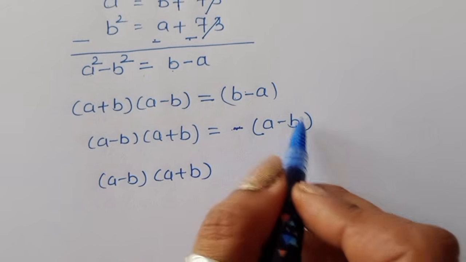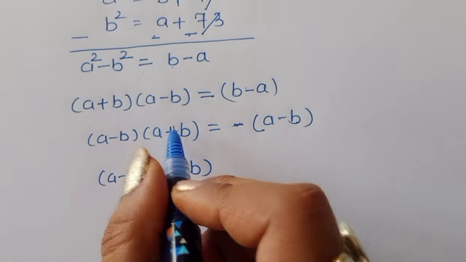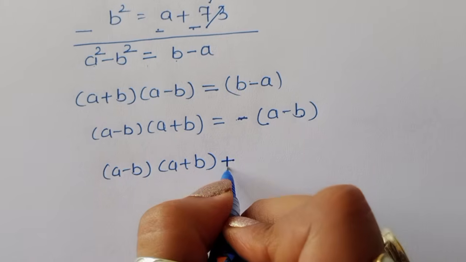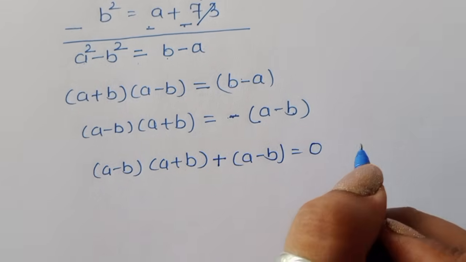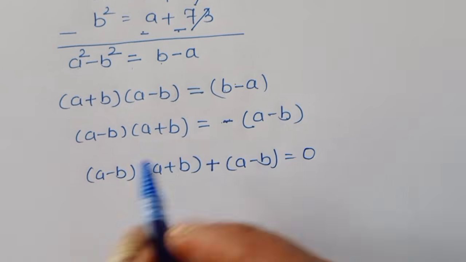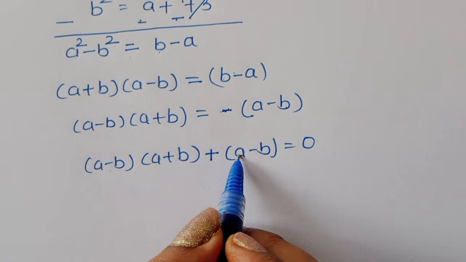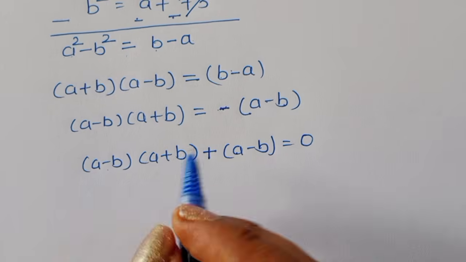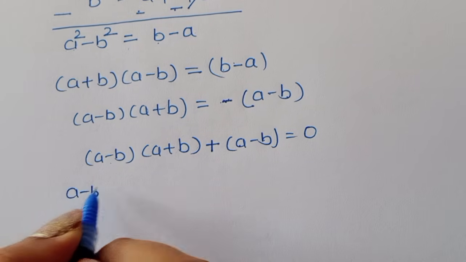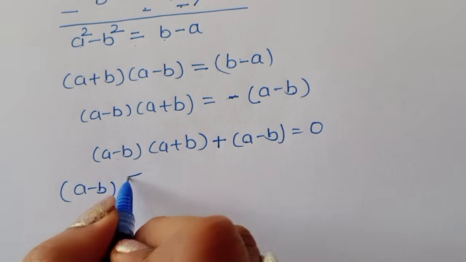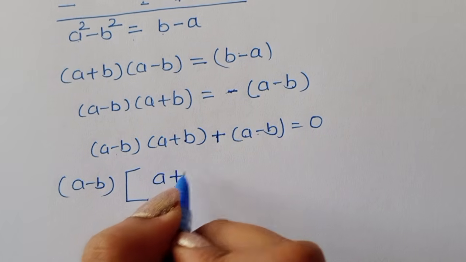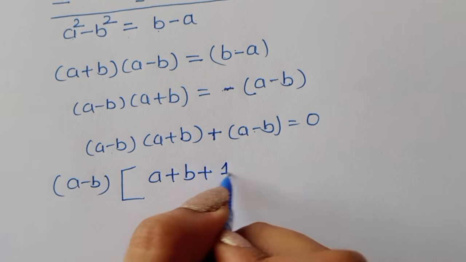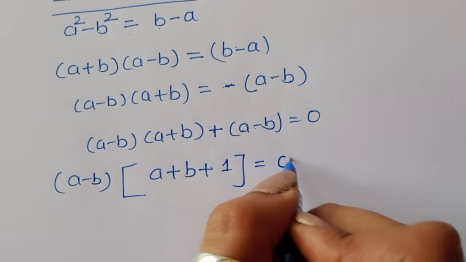Now this is on the RHS, so if we take this term to the LHS, it becomes plus, so plus a minus b is equal to 0 in equation form. Now a minus b is common, so taking a minus b common, the remaining term is a plus b plus 1, so a minus b times a plus b plus 1 is equal to 0.